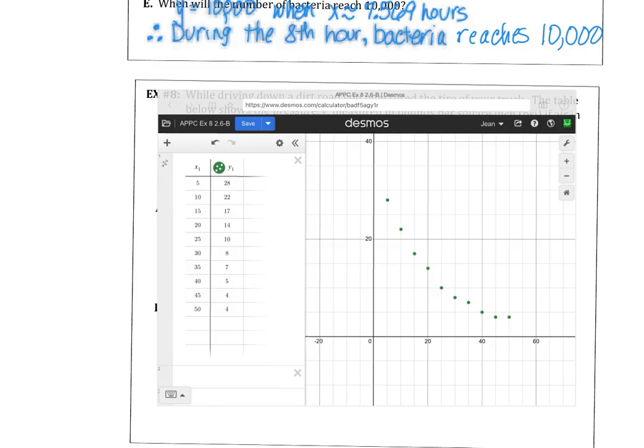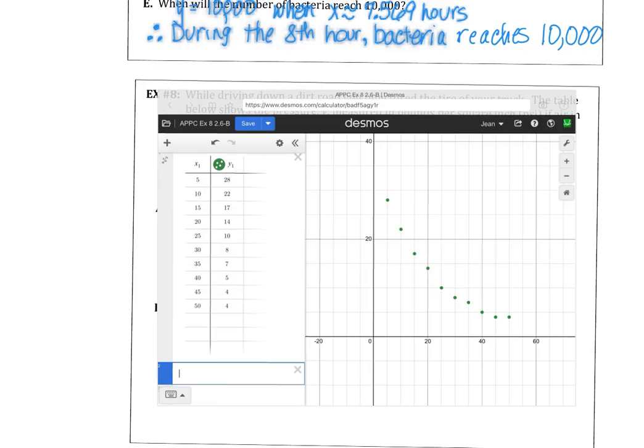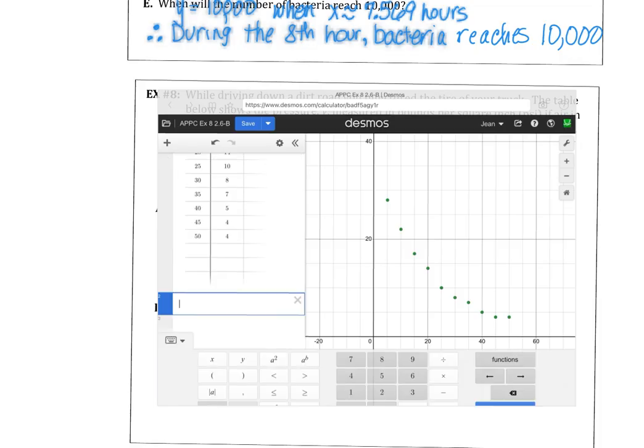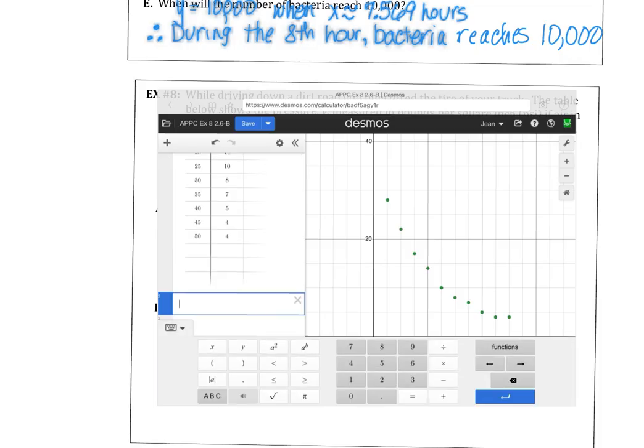Now go to line 2 on Desmos, and we want to enter that we're going to find an exponential function in the form of y equals ab to the x. So we want to type that in.